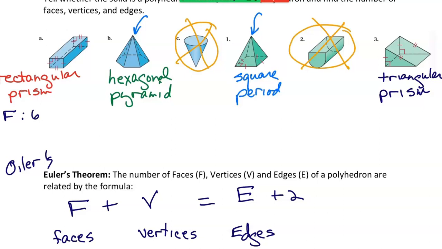What about the vertices? I frequently will just color them with red dots. You've got to make sure you account for all of them though. So that's 4 right there, and there's another 4. So that's 8. So the vertices are 8. So how many edges could we count?